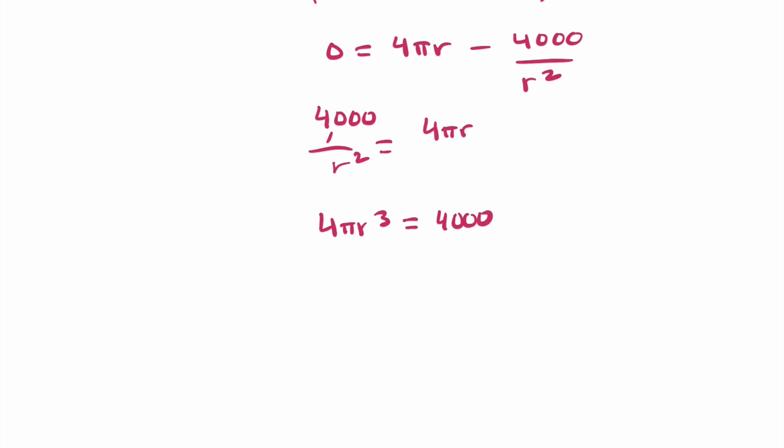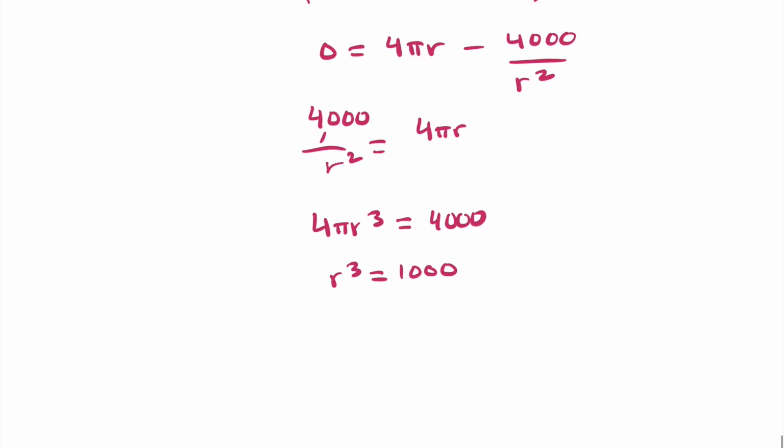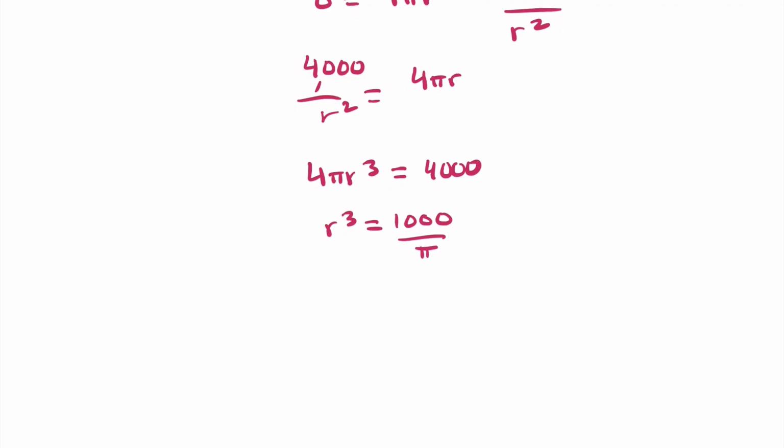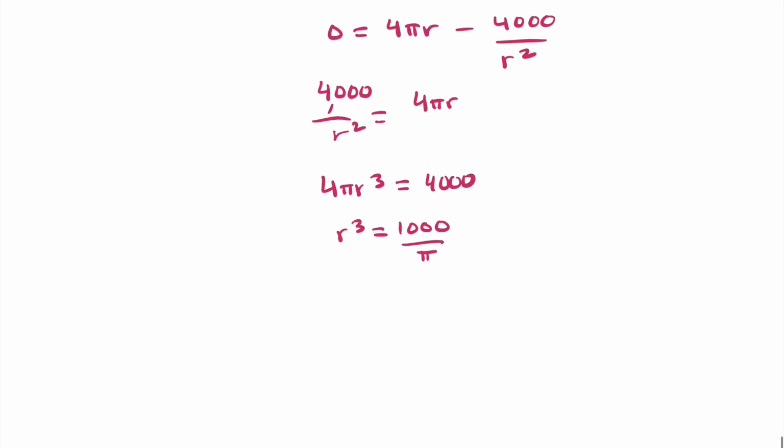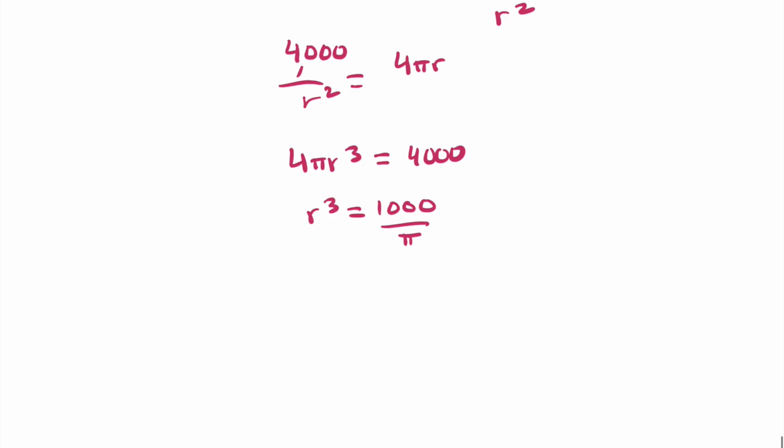Divide both sides by 4 pi. R cubed is going to be equal to 1,000 over pi. Did I do that right? Yep. And then we're going to find the cubic root.